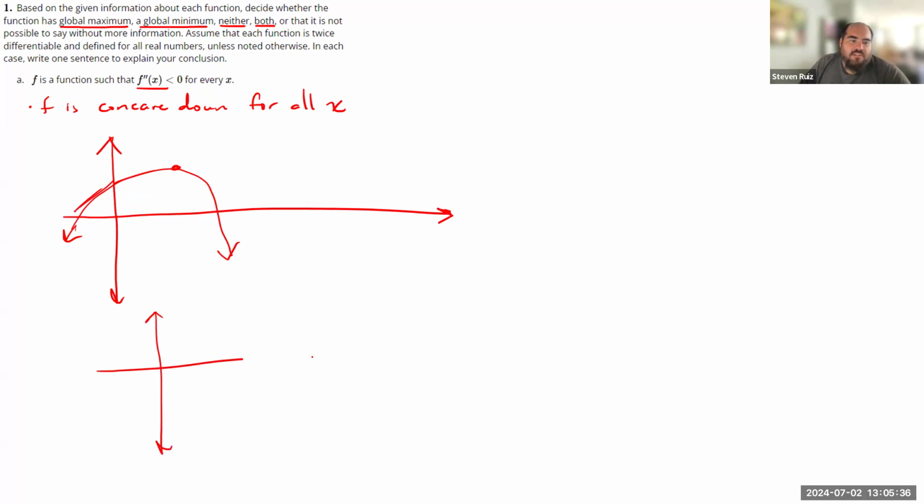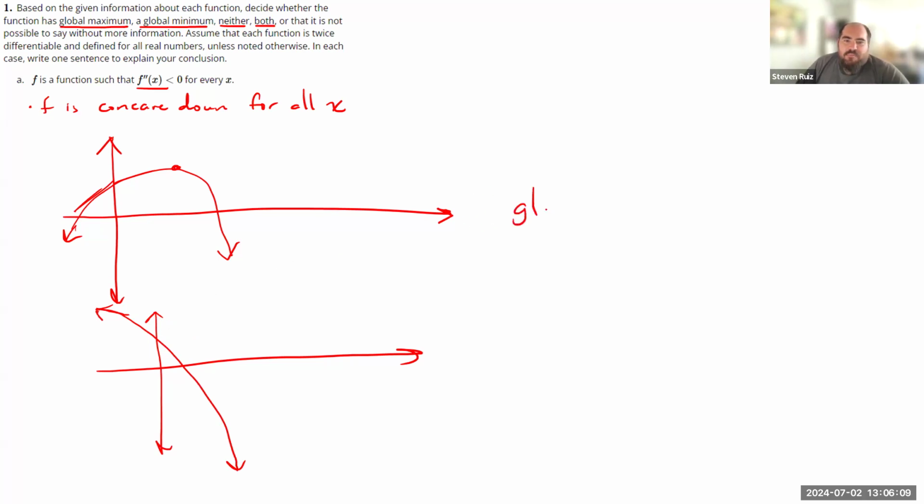What if you have a function whose first derivative starts off as being negative? And what's going to happen as you move to the right here? That means you have a function that's always decreasing and always at a decreasing rate. What does that mean about whether you have a global maximum? You cannot have one.